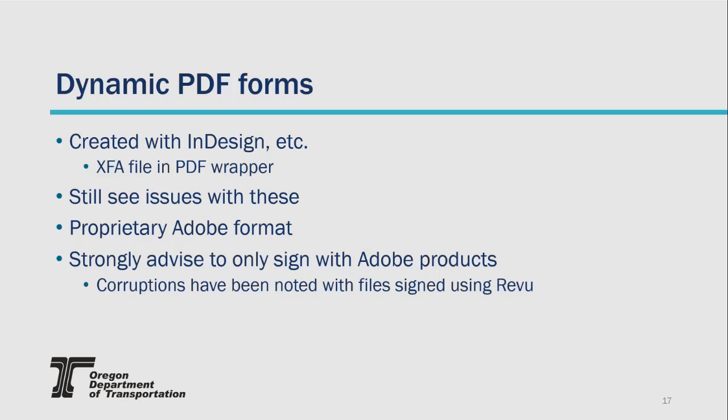I will go so far as to say that internally we have seen corruptions in files that were caused by signing with Revu that caused the file to have to be recreated. So once again, we strongly advise that with dynamic PDF forms, we only sign with Adobe.